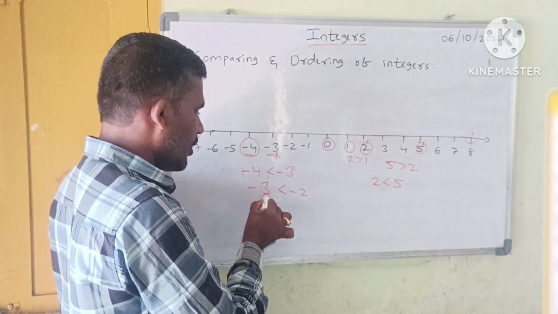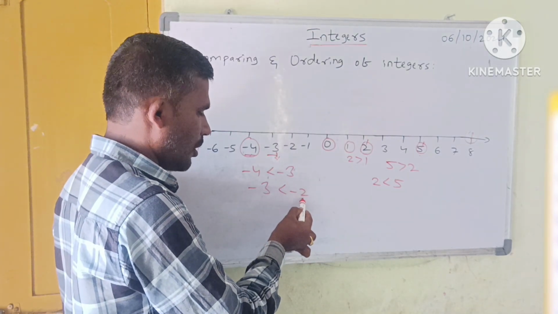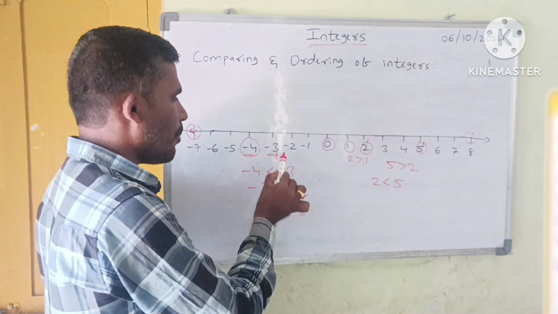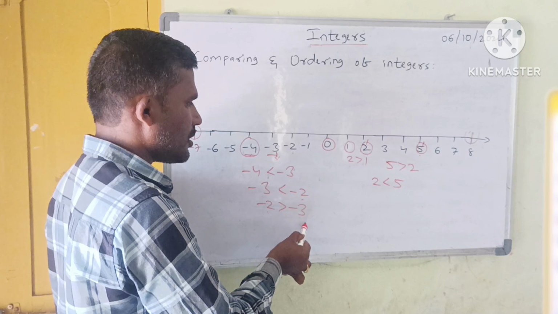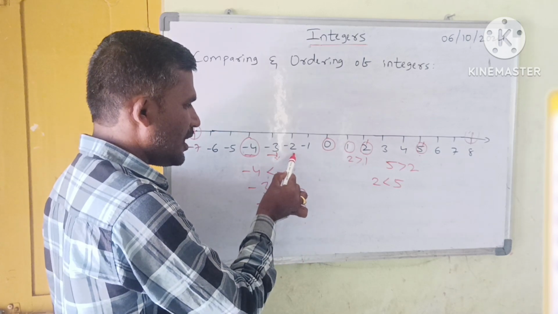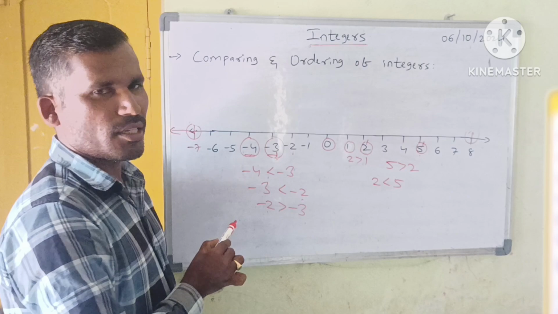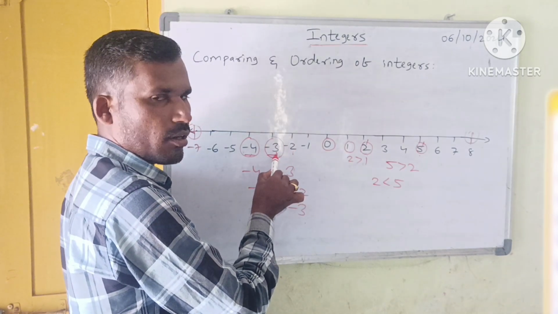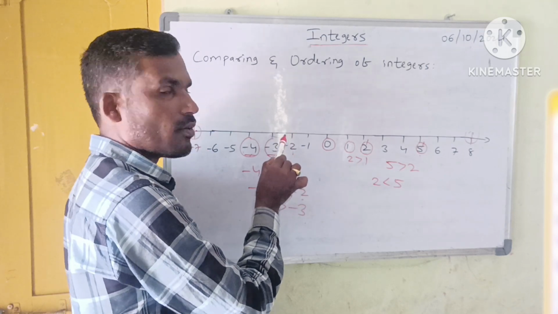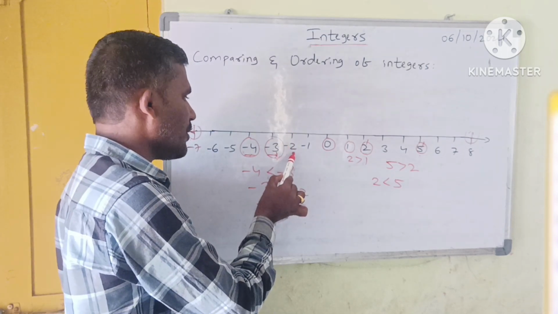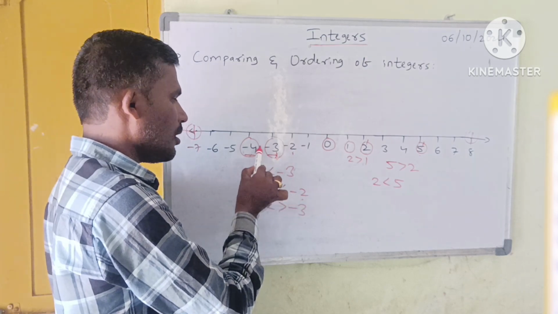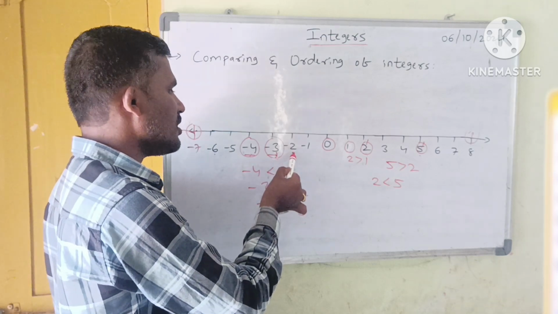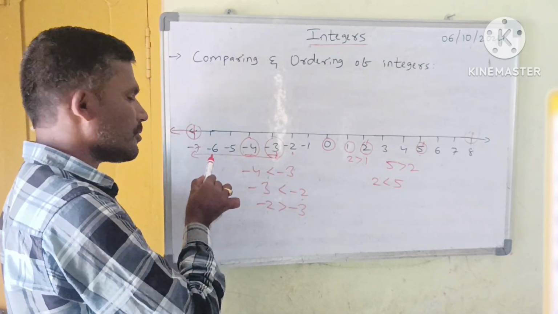Okay? Whenever minus 3 is less than minus 2, minus 2 is greater than minus 3, that is, minus 2 is on the right side of minus 3. Whenever a number is on the right side of another, it must be the greater value. Minus 2 is on the right side of minus 3, minus 4, minus 6, minus 7, so minus 2 is bigger than all these numbers.